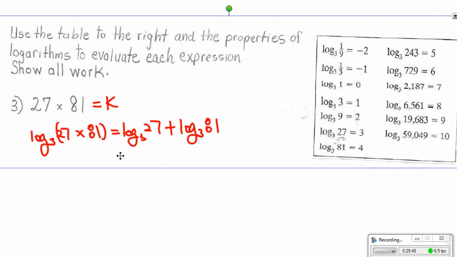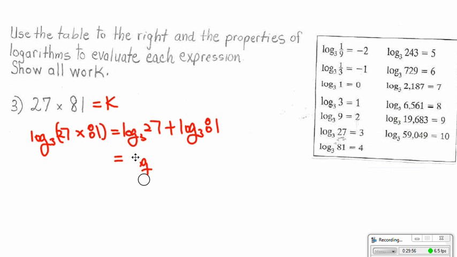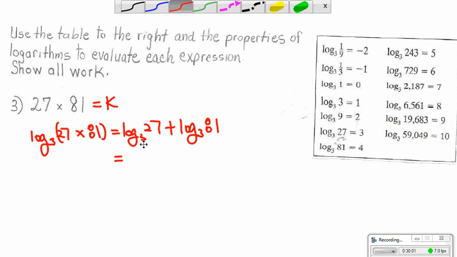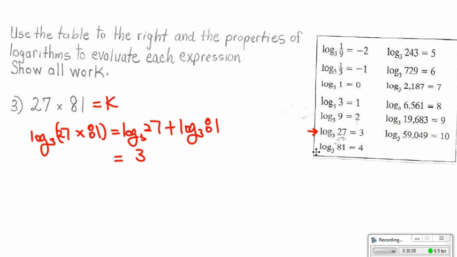But just like what we have done earlier, log base 3 of 27 is 3, so this must be equal to 3. I'm looking right over here. And then this must be equal to 4. So plus 4 is equal to 7.